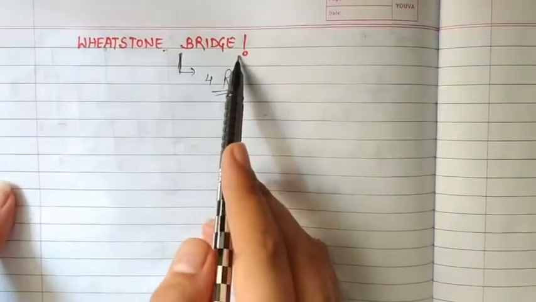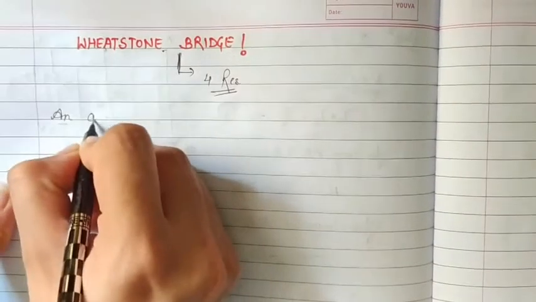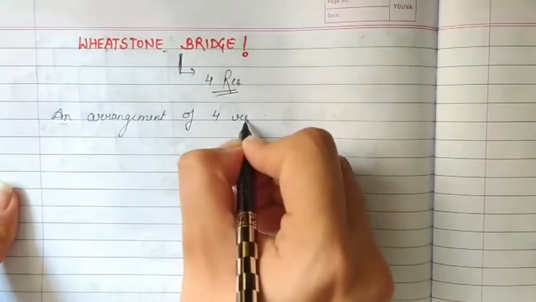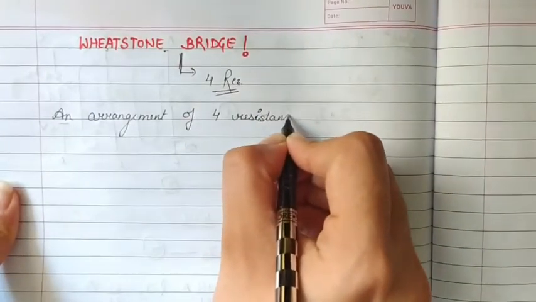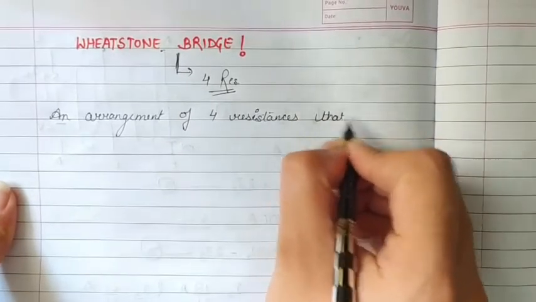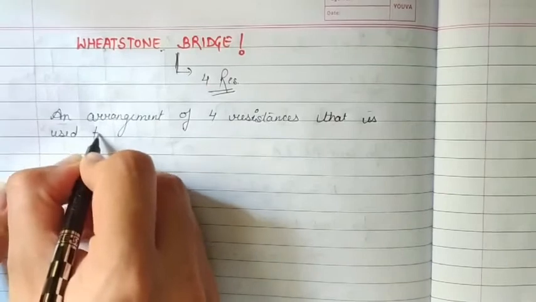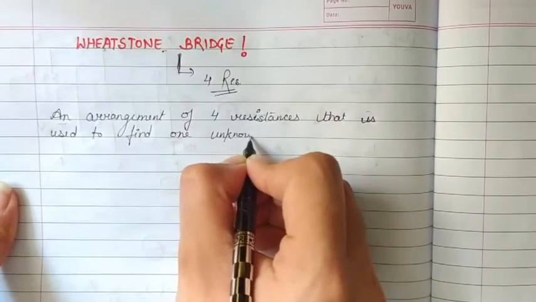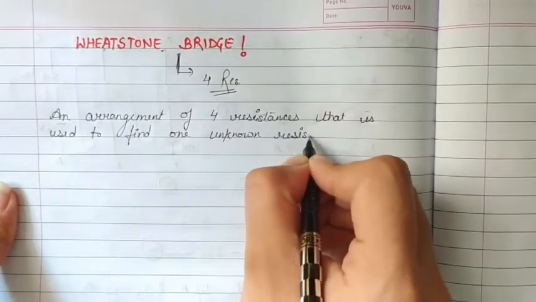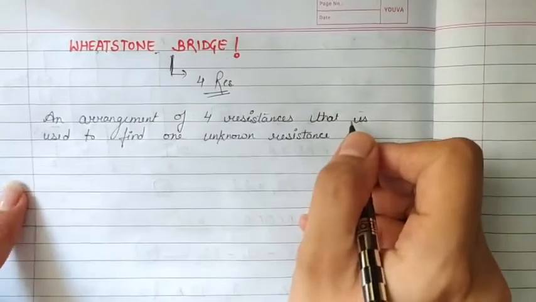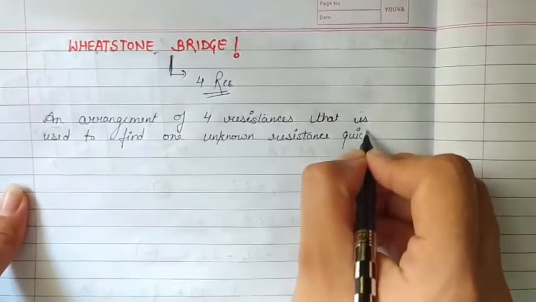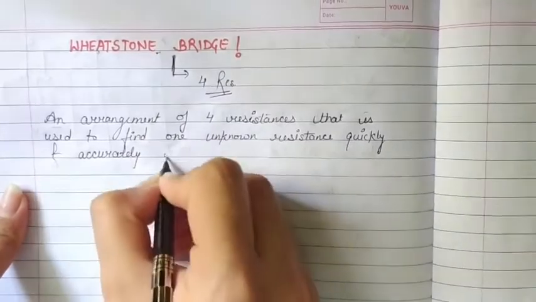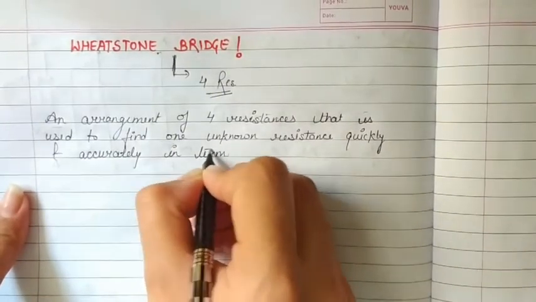So basically Wheatstone bridge is an arrangement of four resistances that is used to find or determine one unknown resistance quickly and accurately in terms of the remaining three resistances.